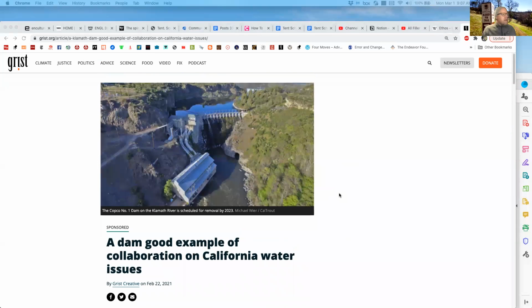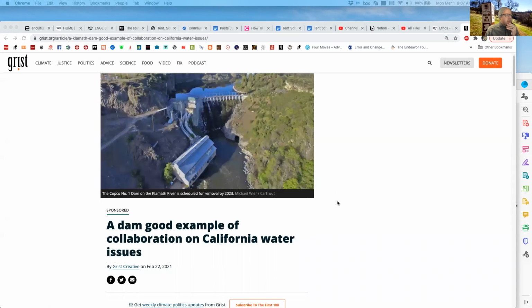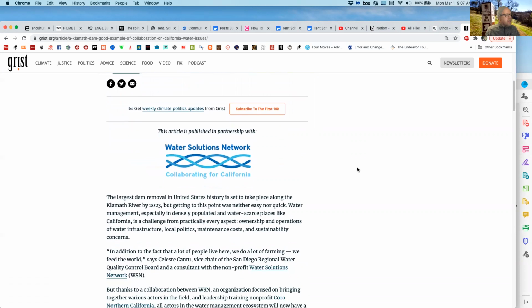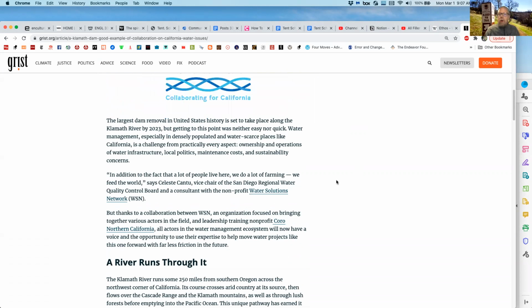So what we see right here is it's an article about dam removal on the Klamath River, just north of us. And we see in different kinds of ways that the article wants to say straight away that the dam removal is good, but it's also a good example of collaboration, right? So there are two arguments that seem to be made straight away.